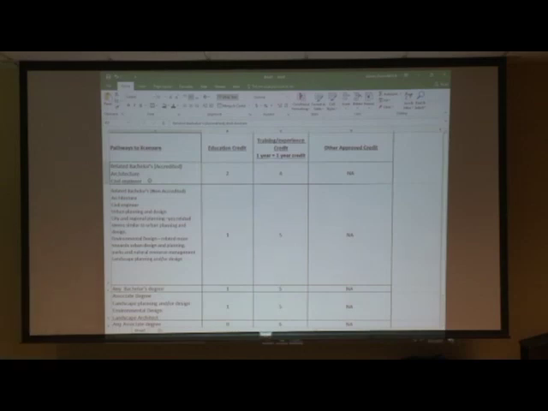Did you have a comment? Yeah, it's just a comment, because I know of a school in San Diego that was teaching landscape architecture and did not get accreditation. I feel really bad for those students who paid for the school, went through the whole program, and then the school didn't get accredited.